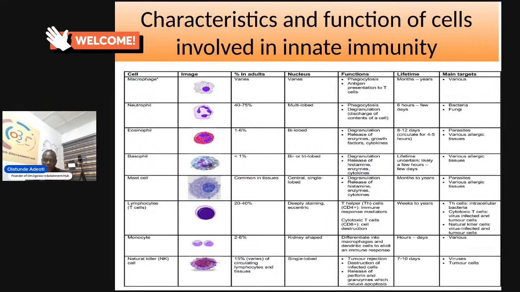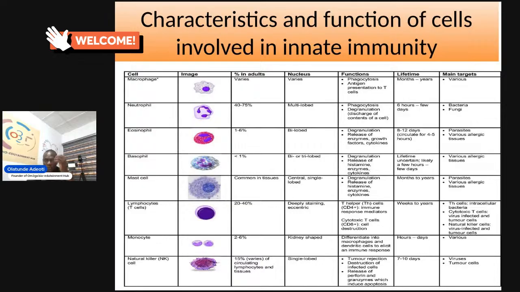It is also involved in immune response mediators as well as cytotoxic activity, that is T cell, CD4, CD8, and CD8 destruction. It can also last for several weeks to years. The main target is T helper cells and intracellular bacteria. It can perform the function of being a cytotoxic T cell, targeting virus infected cells and tumor necrosis factors.